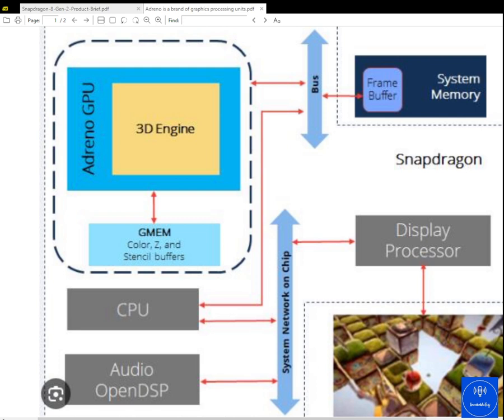These are the components, just a diagram that represents the internal structure of a Snapdragon processor. Now, Snapdragon processor consists not only of the core processors, but it also consists of the Adreno GPU, which is part of it.